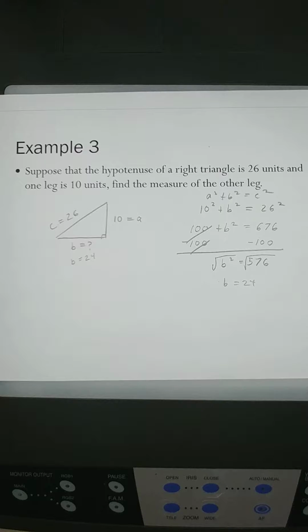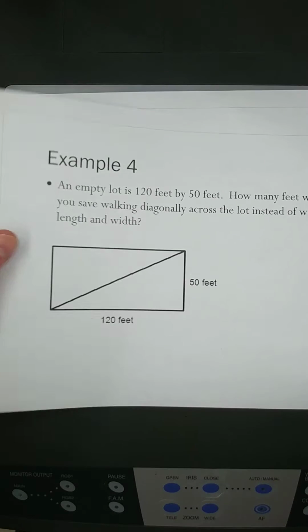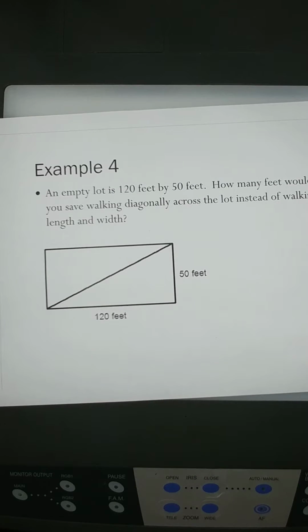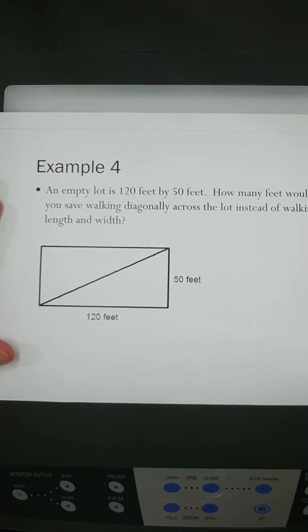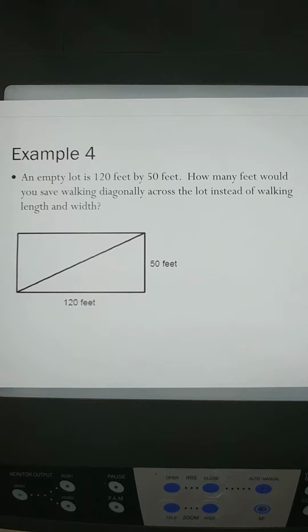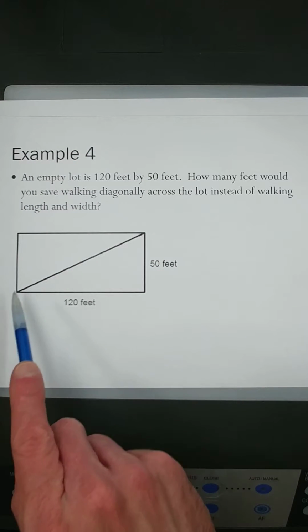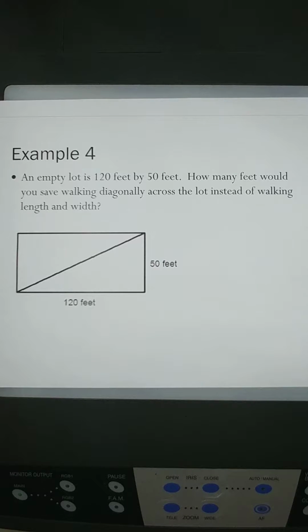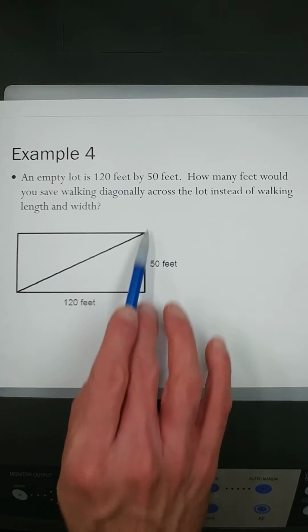Okay. The next question is example 4 from your notes. It's kind of like a reading problem. It asks, an empty lot is 120 feet by 50 feet. How many feet would you save walking diagonally across the lot as opposed to walking length and width?